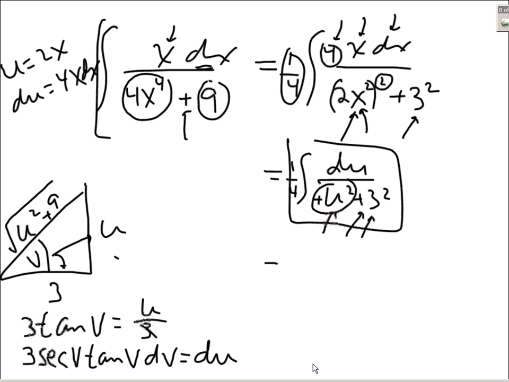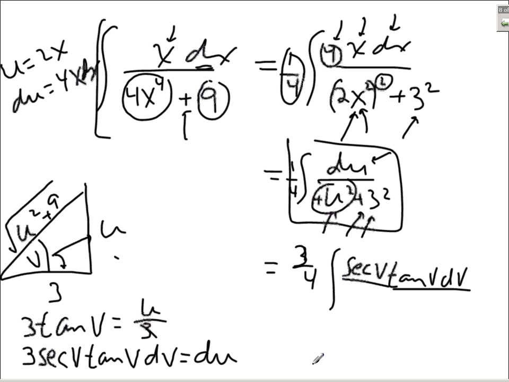Okay, so the quarter factors out, the numerator du, well that's 3, which I'll put in the front, 3 secant v tangent v dv. And the bottom, u squared plus 3 squared, u squared plus 9, you could say, well, this side divided by that side.